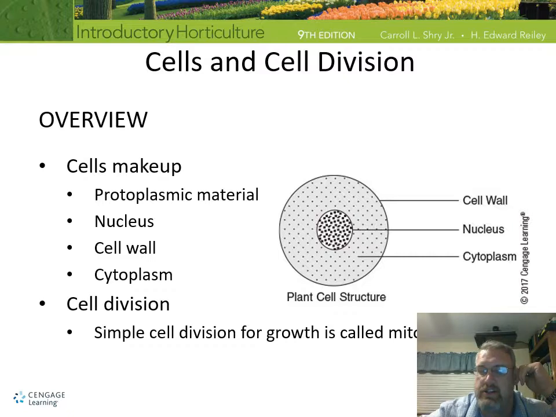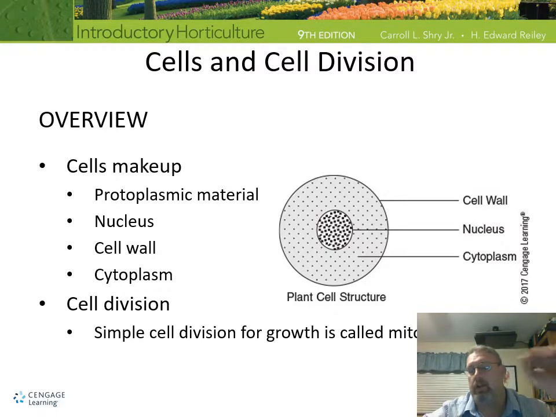Basically, what a cell wall does is it gives these cells rigidity. So it helps hold the cells up so that the plant can stand. Once the plant has enough cell walls, it is like a building block for holding these cells together and allowing those cells to create a whole plant.